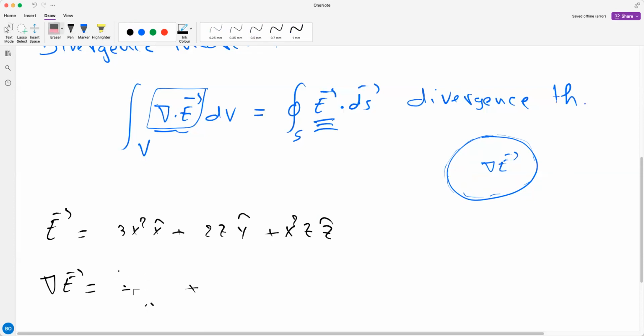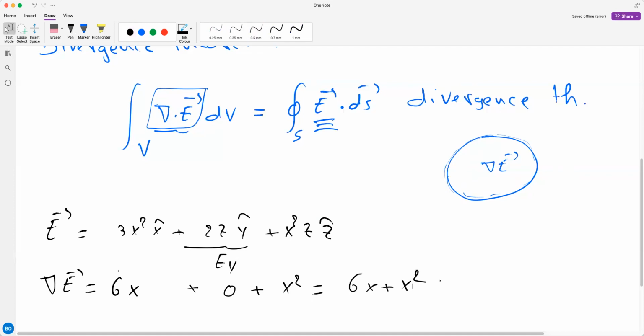Let's do it directly. The derivative of the x component is 6x. The derivative along y is 0, because the component Ey does not have any dependence on y. And then the component along z does have, so it's x squared. So it will be 6x plus x squared.